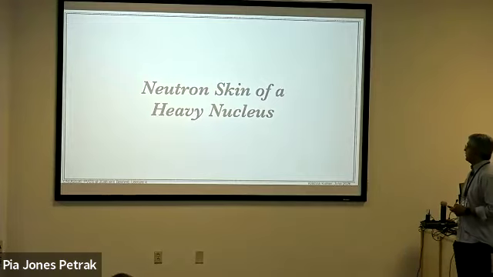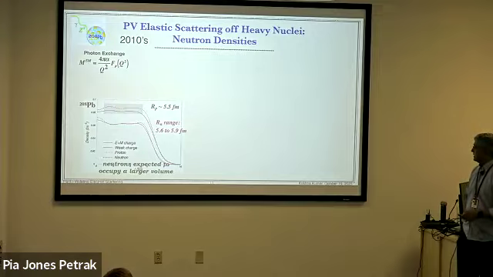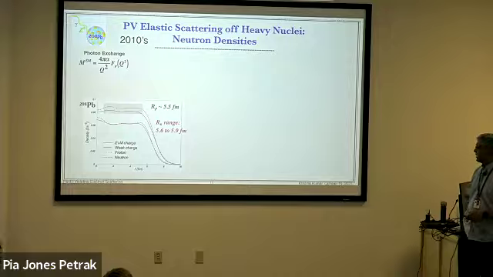So let's look at the density in the lead nucleus, what do we know about it? So let's focus on the dashed curve first. The dashed black curve, the red curve is the proton distribution. And that's shown here.